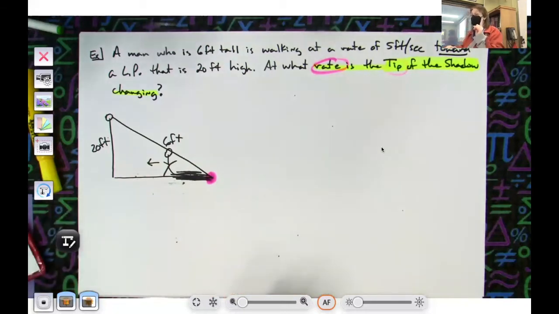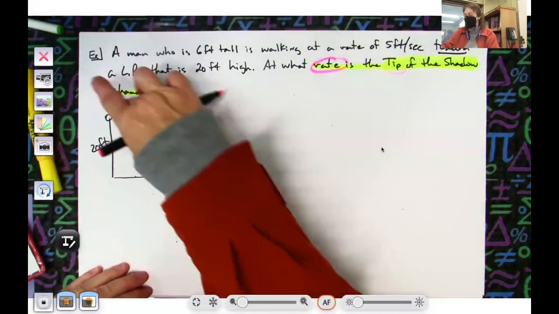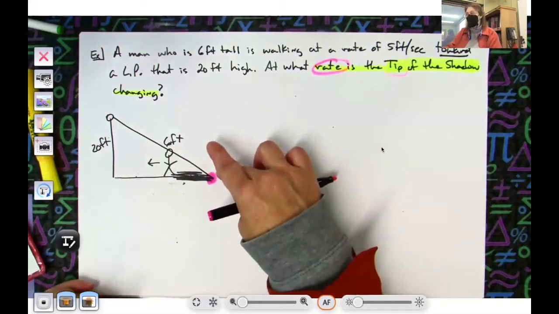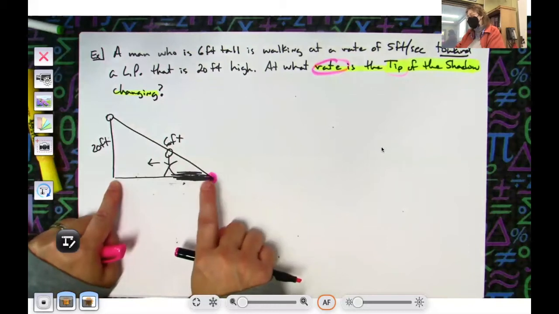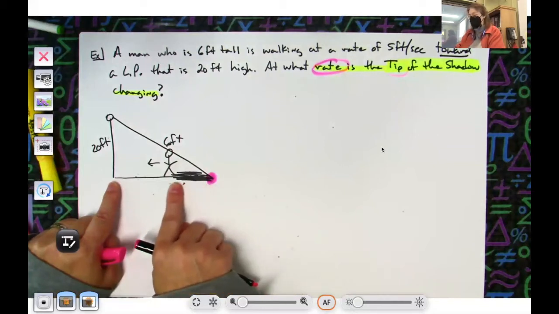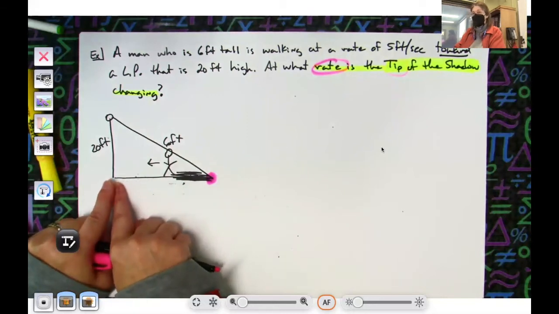No, but close, because I have no information about this hypotenuse. If I want the rate at which this tip is changing, watch my fingers. If he's walking towards the light pole, the tip of the shadow is going to go this way, all the way up to the light pole.